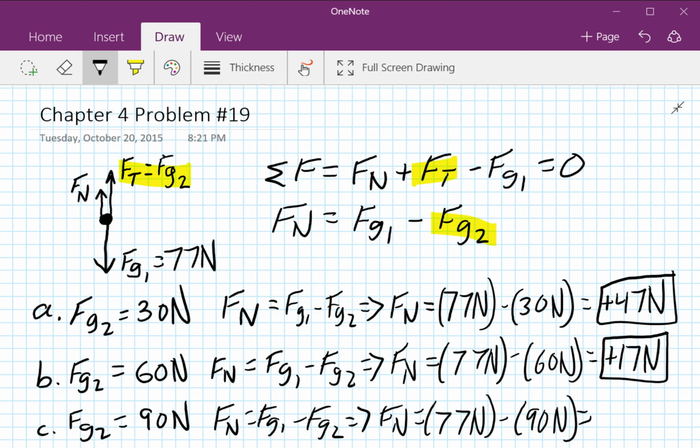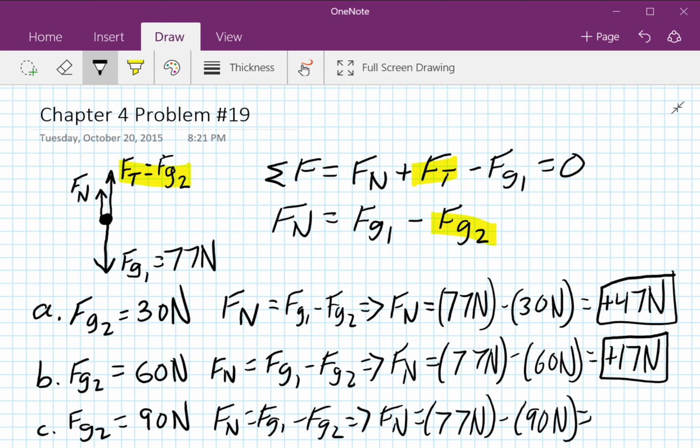We say weight this time because I actually gave it to you in newtons. So you would say the object to the right is heavier than the object on the table. So we know then that it's going to accelerate. The right one's going to go down and the left one's going to go up.